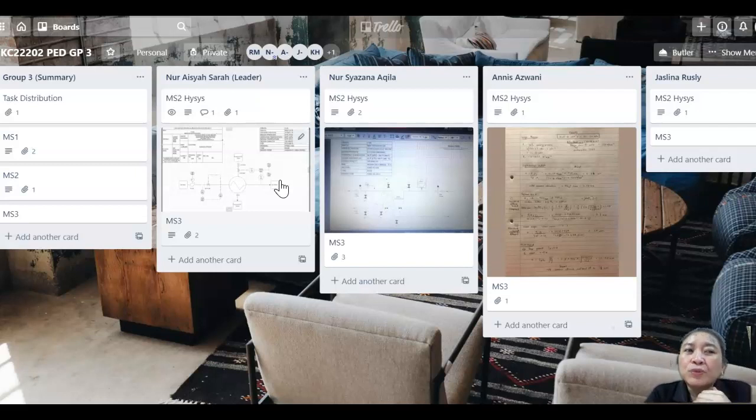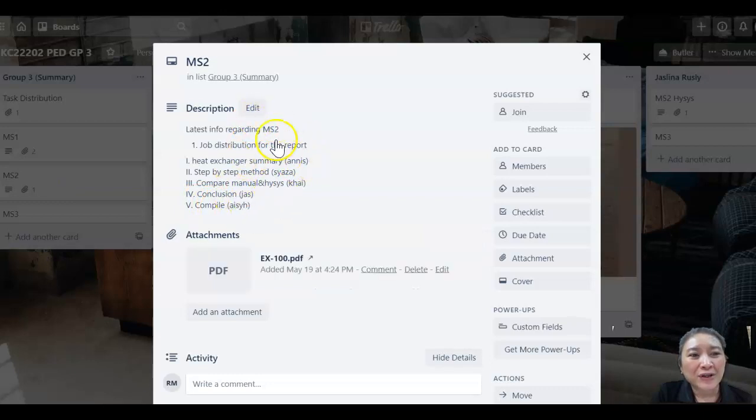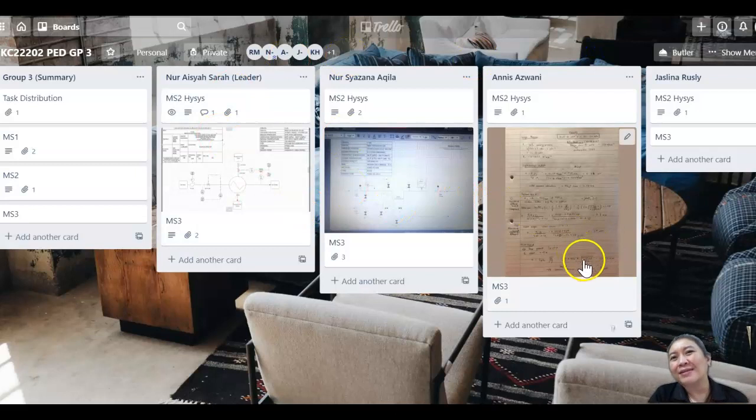I got each group to assign names. This I got from Dr. Awang Asri, because he shared that he manages his department using this method of naming a person and the job that they have done. So I've gotten the students to do this, and they have who is in charge of which job here. So this group has done quite well.